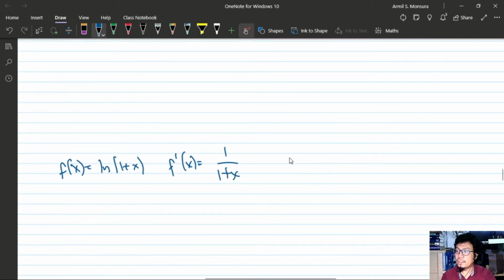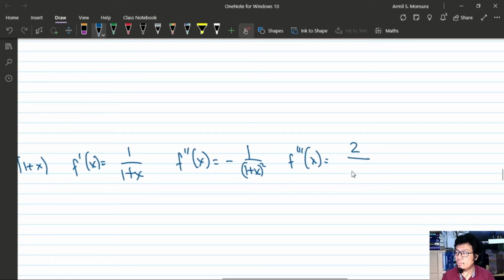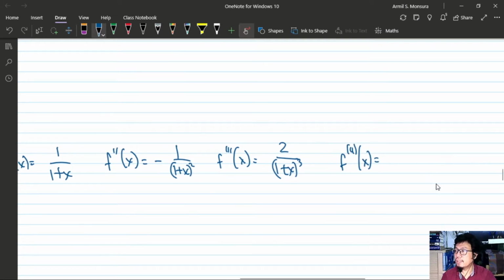Its second derivative is negative 1 over 1 plus x squared. Its third derivative is 2 over 1 plus x cubed. And its fourth derivative is negative 3 over 1 plus x raised to 4.